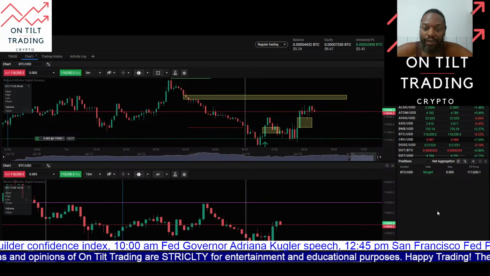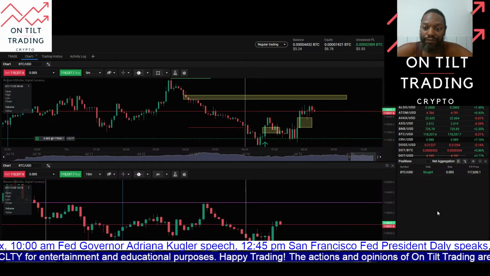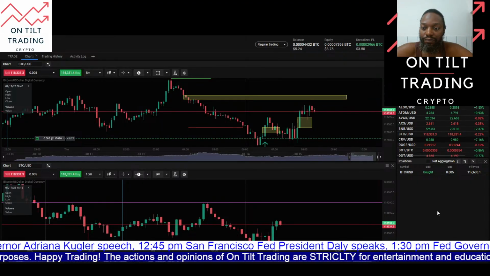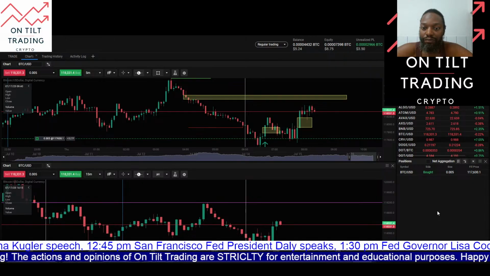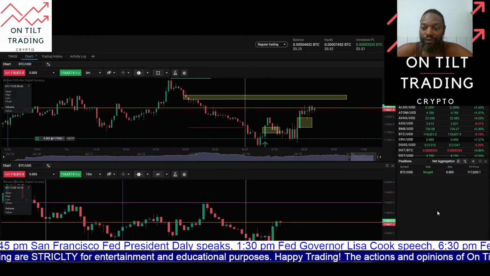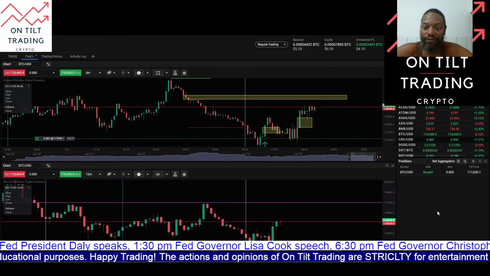Price potentially testing the previous 5-minute candle low. $118,420 buy side delivery with speed. $118,450.